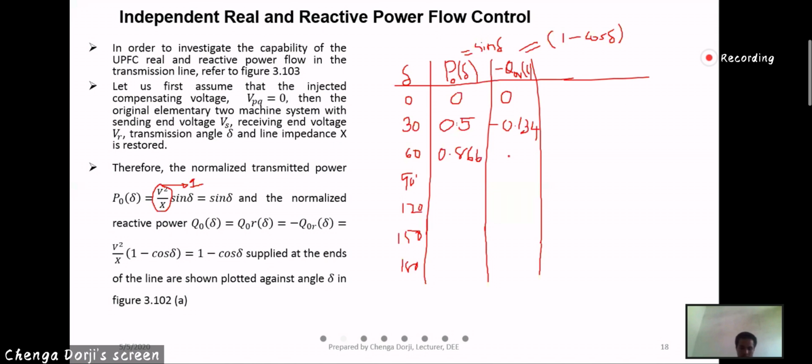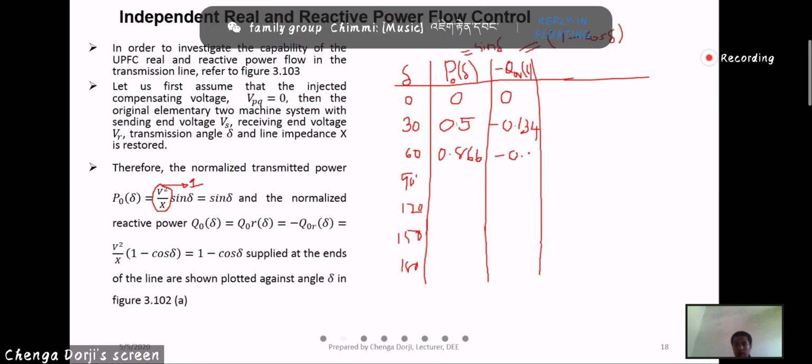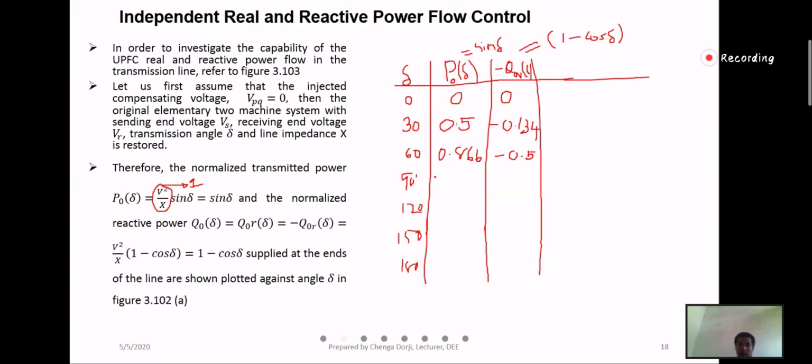Here 1 minus cos 60 is minus 0.5. Then here 90, sine 90 is 1. Here 1 minus cos 90 is 1. So here it is 1.